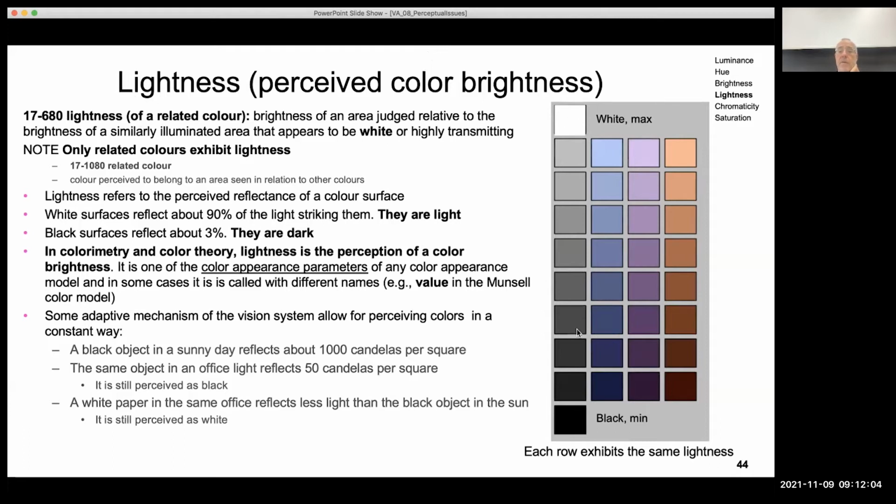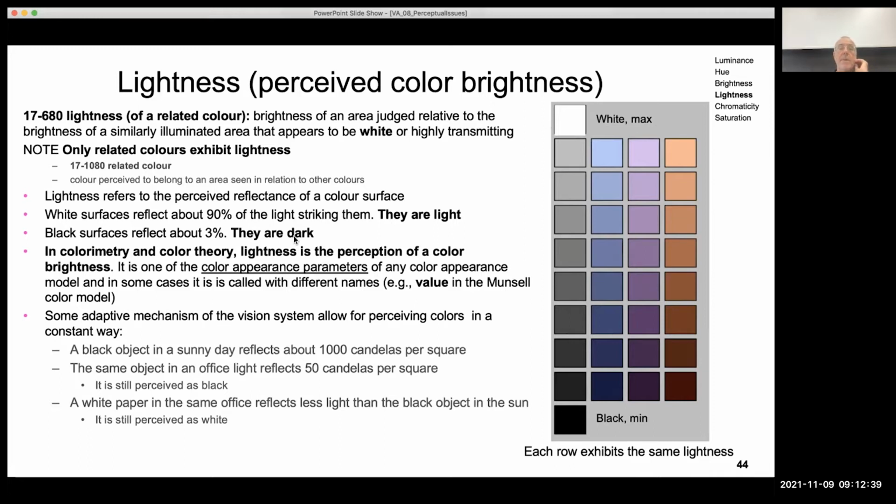Here we have a scale of different lightness. White is the maximum, and black is the minimum. And here we have different colors exhibiting the same lightness. So it is a comparative perception, which makes clear why it is so hard to discuss this concept.